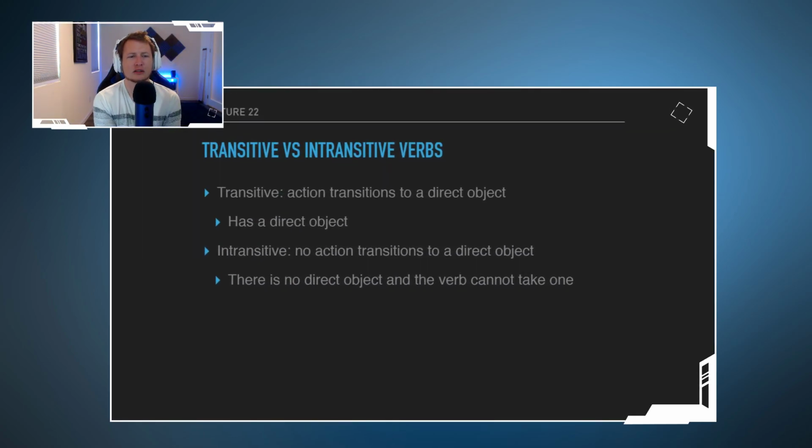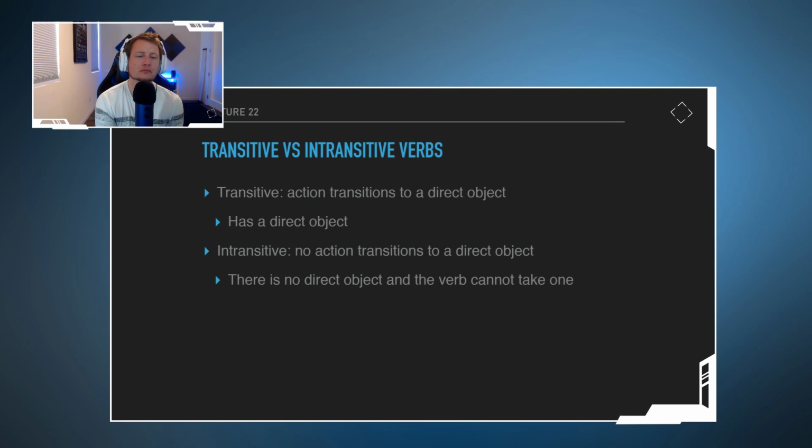Now, as we translate, be aware there's a transitive and there's an intransitive verb. Transitive means the action of the verb transitions to a direct object. What this means is a transitive verb has or can take a direct object.